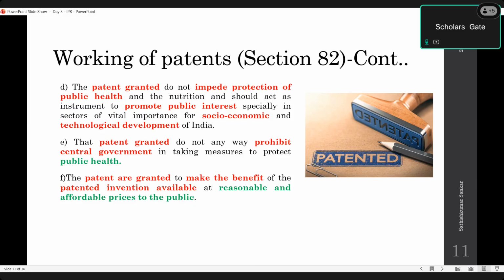If I am filing a patent on a biological material, for example, the patent evaluation and some examination can be done.